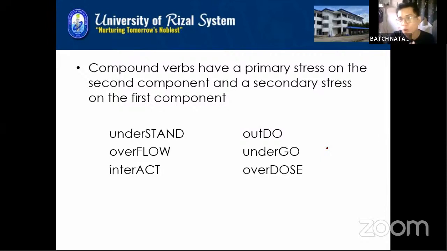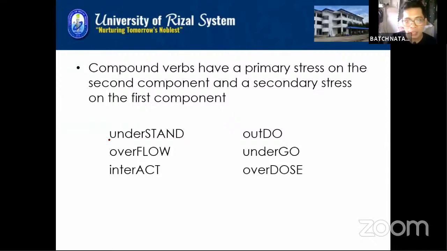And we all know what a verb is, right? It's an action word. Compound verbs have a primary stress on the second component and a secondary stress on the first component. So they are the opposite of compound nouns. For compound nouns, the primary stress is on the first component, while for compound verbs, the primary stress is on the second component.